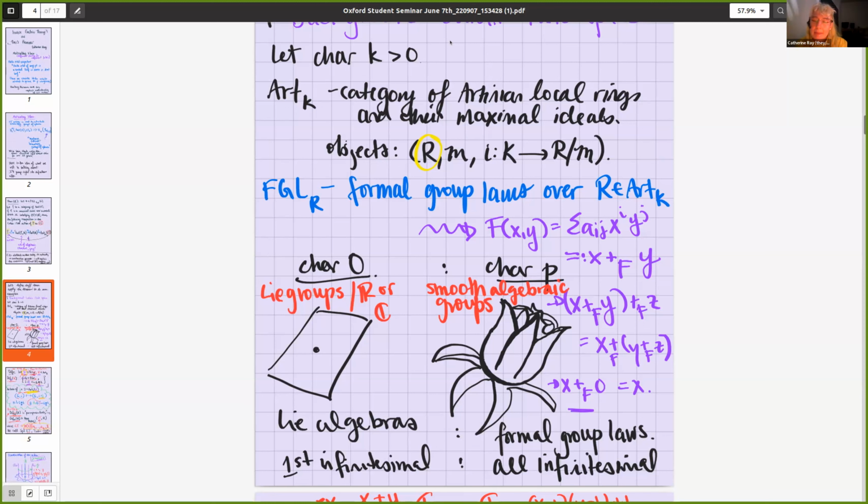Yes. And the reason that people consider this is because Lie's theorem fails, or something, for algebraic groups. Is that right? So what is Lie's theorem? Oh, like the correspondence between Lie algebras and Lie groups. Yes, exactly. Okay, thanks. You're welcome.